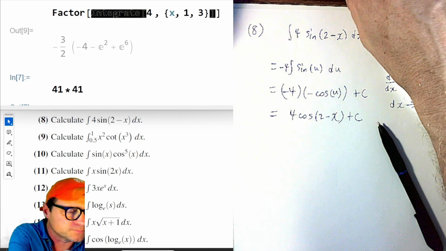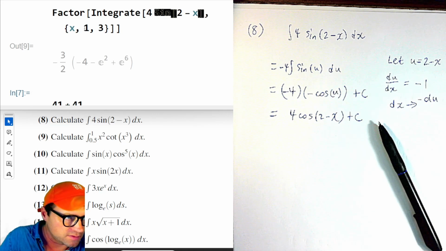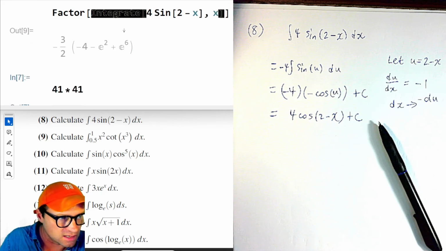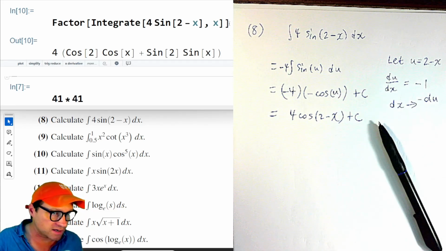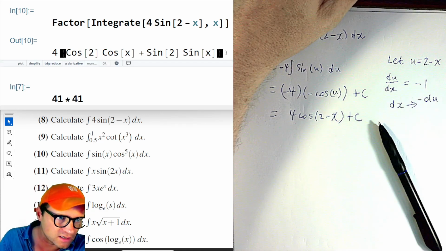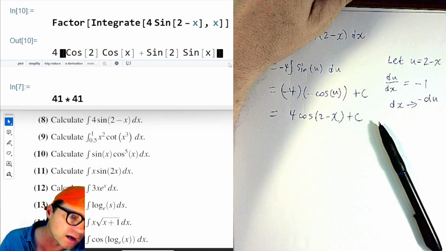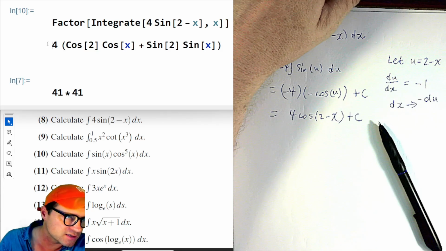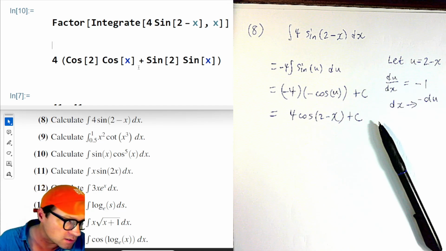So 4 sine of 2 minus x, and then we're just integrating this as an indefinite integral. Okay, now I can see that Mathematica has used an angle addition formula for this one. So even though it looks different, it should be the same thing. All right. So what you can do is go and remember the angle addition formula or look it up. Or what you can do here is give this a value. Let's see.